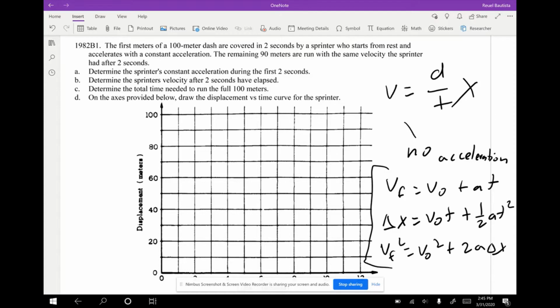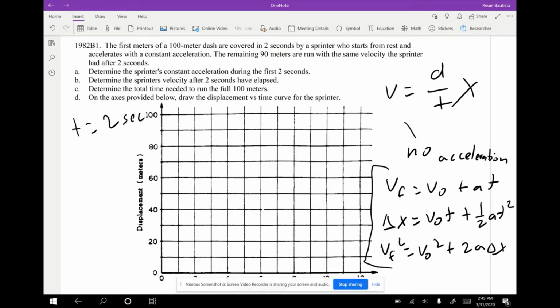So we know several things about the first 2 seconds, right? We know it's a 100-meter dash overall, and 90 meters is run with the same velocity.